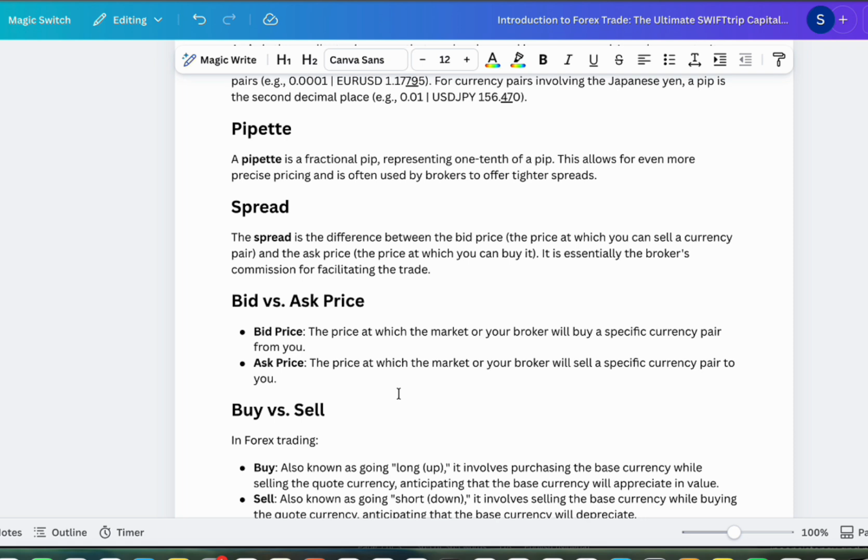We can define the bid price as the price at which the broker, your broker, I explained broker, but we'll still go to broker in the terms. We've already written it down. The bid is the price at which the broker will buy a specific currency from you.